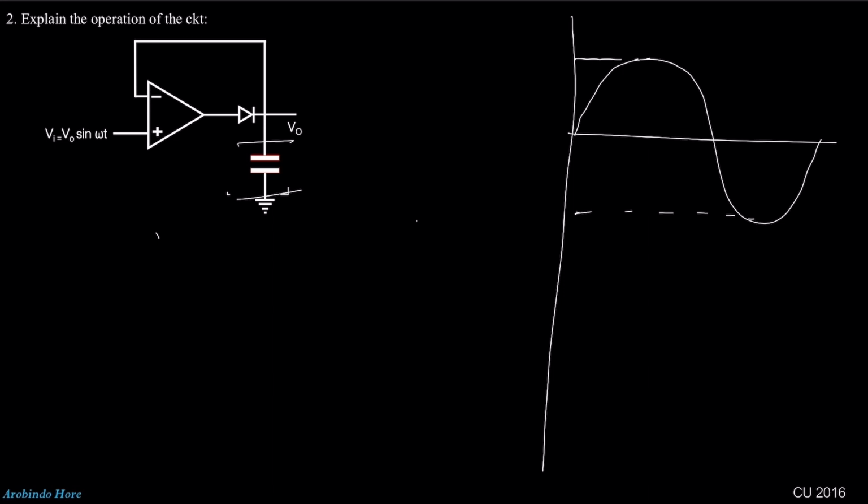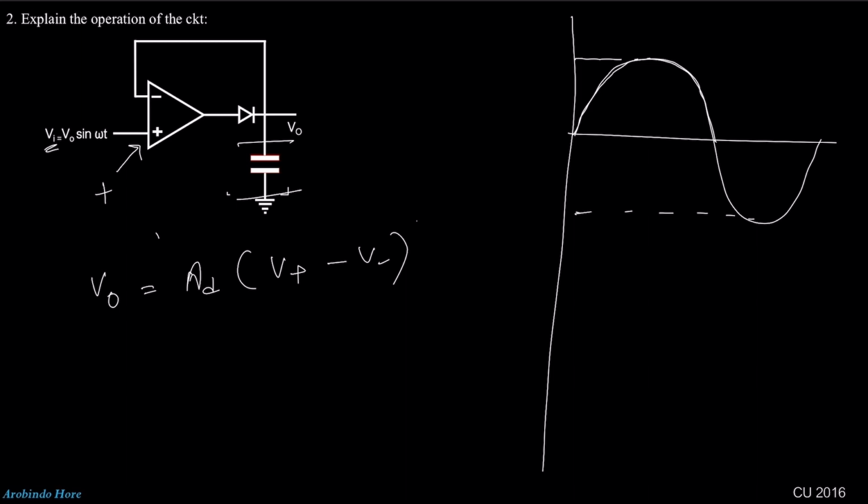When the input voltage Vi is in the positive half cycle, the input voltage at the V positive terminal is positive. And we all know that the formula of V0 is equal to AD times V plus minus V minus.